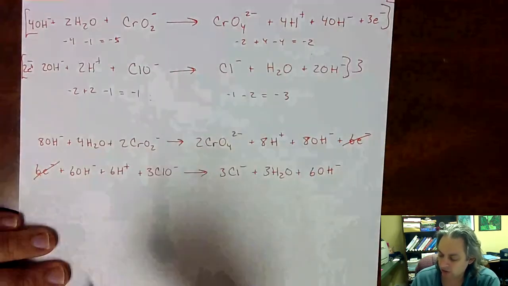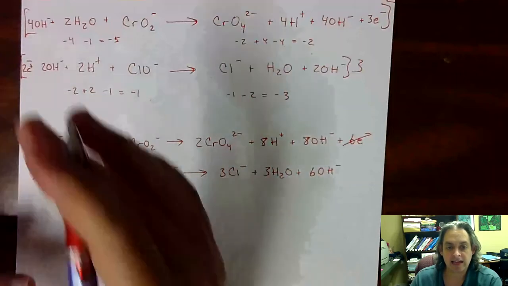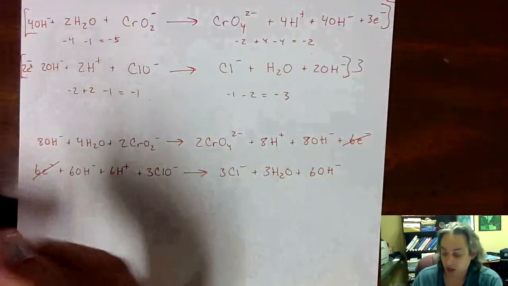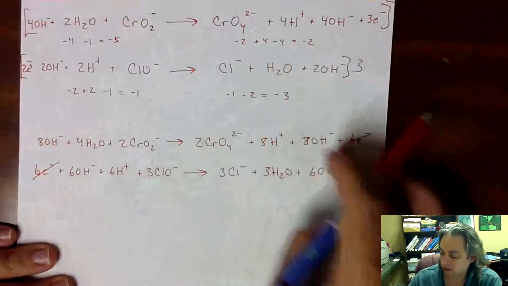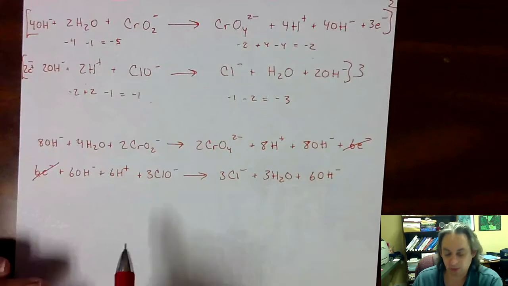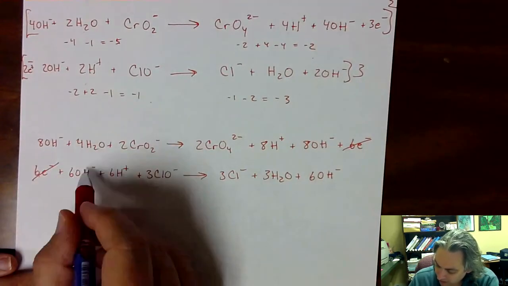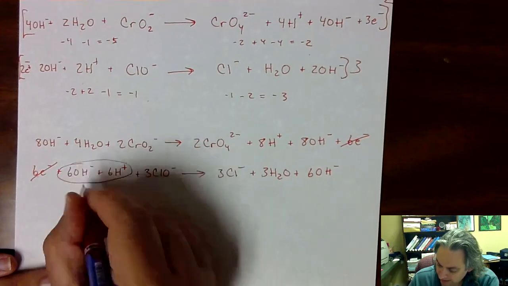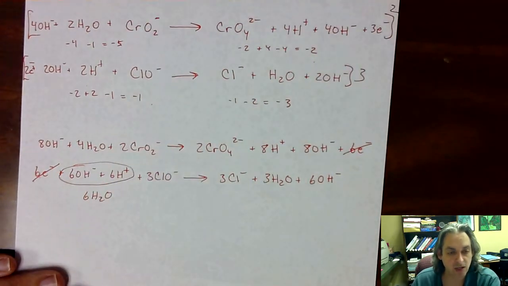And now what we do is we combine H's and OH's and everything to make water, and everything in the reactants we add together, and everything in the products we add together, and then we can then cancel out on both sides. So let's do this real quick. This right here ends up being 6 waters, so we can just rewrite that as 6 H2Os.